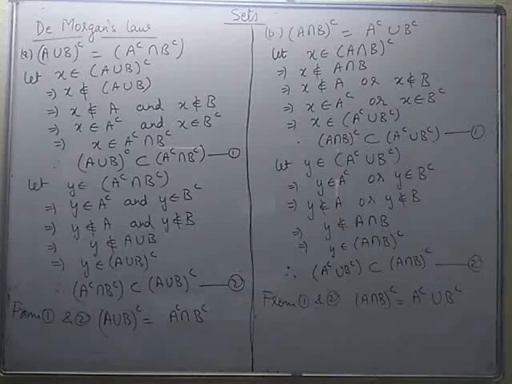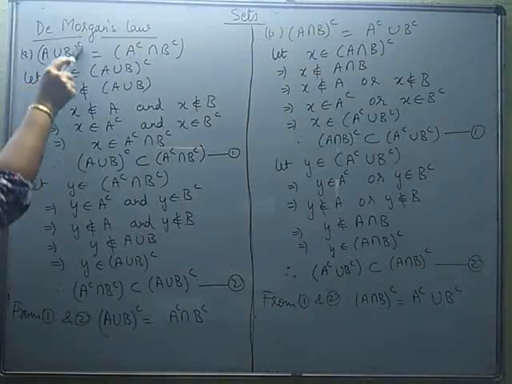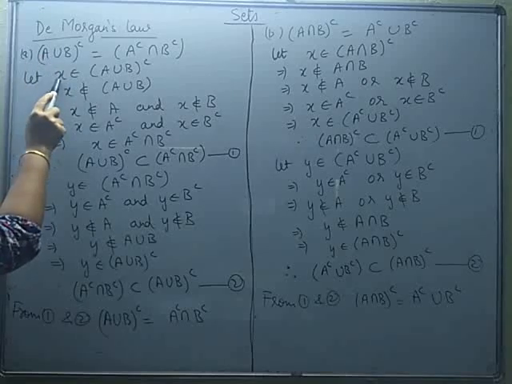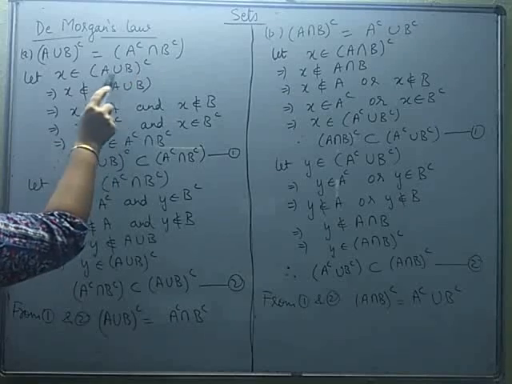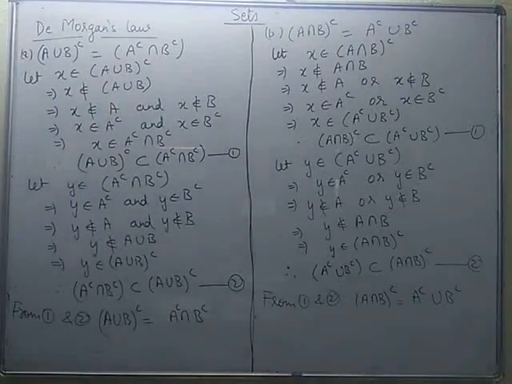In order to show one set as a proper subset of another, we need to show every element of one set is also an element of the other set. So keeping that definition in mind, we proceed. Suppose we take an element in the set on the left hand side. So I have taken X belonging to the set which is the complement of A union B. Now recall the definition for complement.